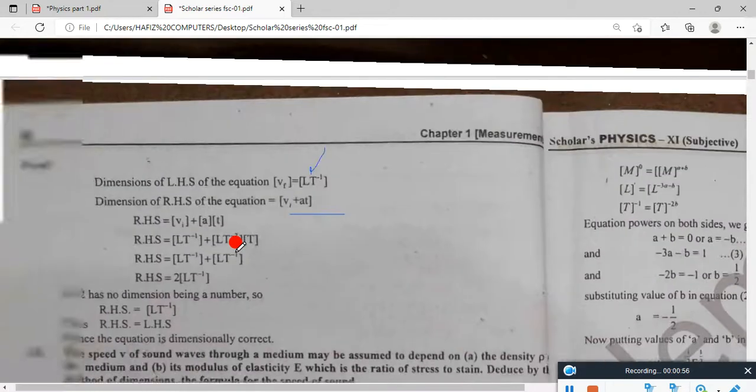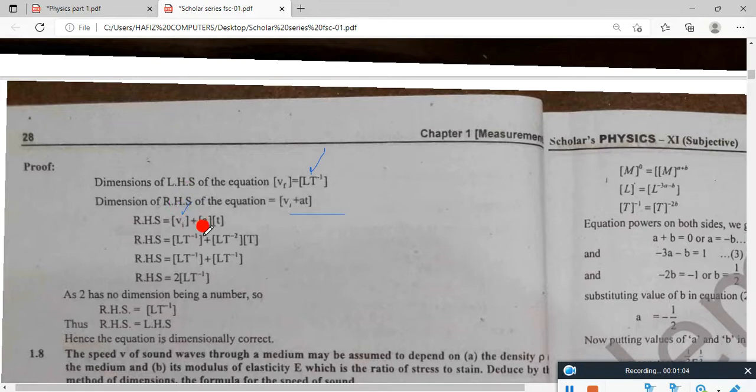Vi is the initial velocity, plus acceleration times t. We write the dimensions of Vi as LT^-1, then acceleration LT^-2, then time having dimensions T enclosed in square brackets.